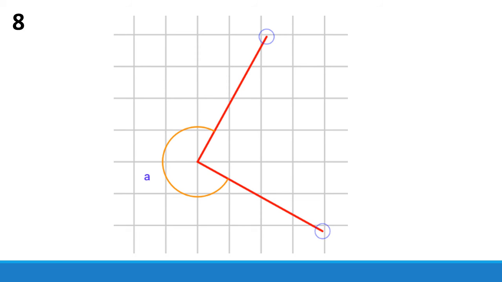One more reflex angle for you. So this is our reflex angle. We can't get our protractor around there, it's too big. So we're going to measure this one and then we will do a calculation of 360 degrees, take away whatever this is, leaving us with this one.